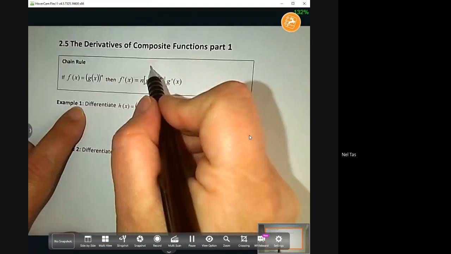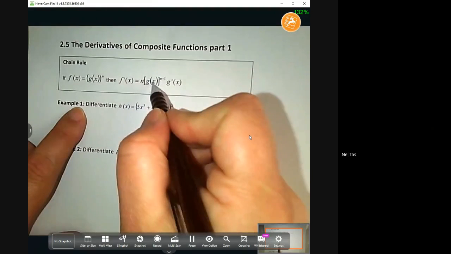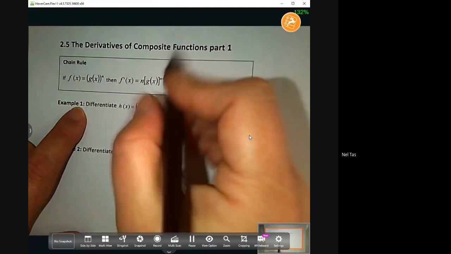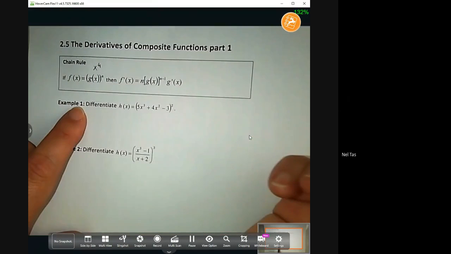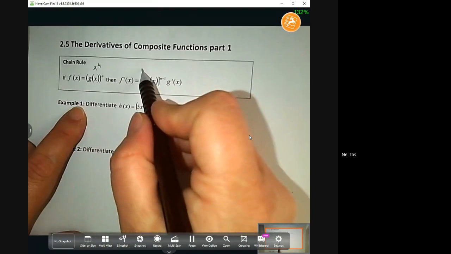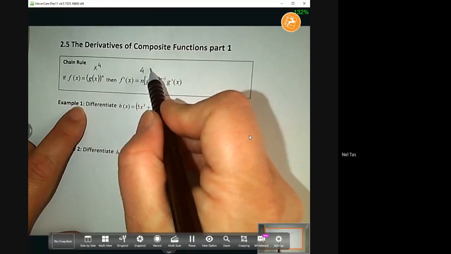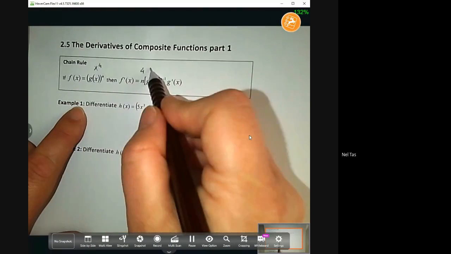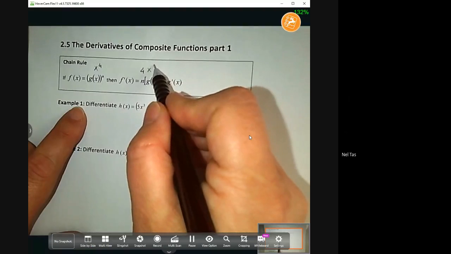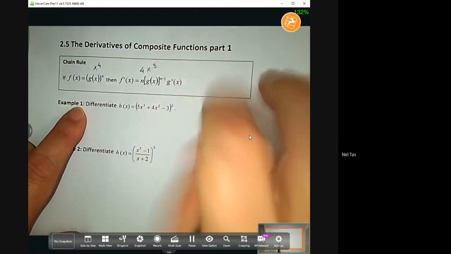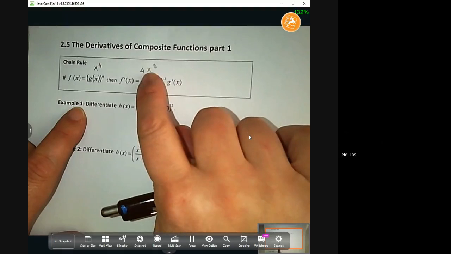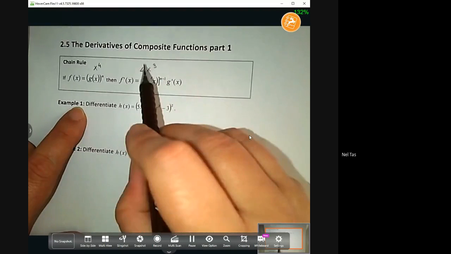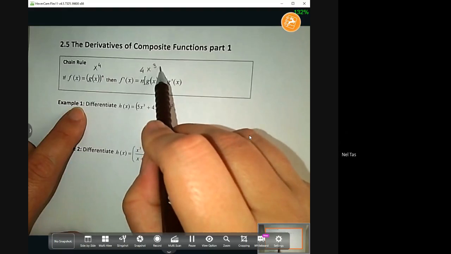If this g of x was only x, let's say you have x to the power of 4, then you take the derivative as 4, you keep the base x, decrease the exponent by 1, and you would stop there. Well, actually, the derivative of x, which is the inside function, would be 1.